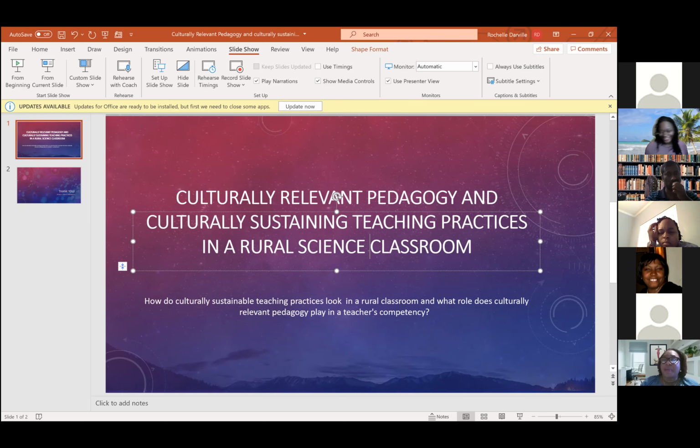So their ability to use the actual framework from Gloria Ladson and incorporate those components of what she defines as being a culturally relevant teacher. And so their ability to actually incorporate it within their lesson and their comfort level in addressing issues, that's their culturally sustaining part, issues related to the culture that they're really reaching.